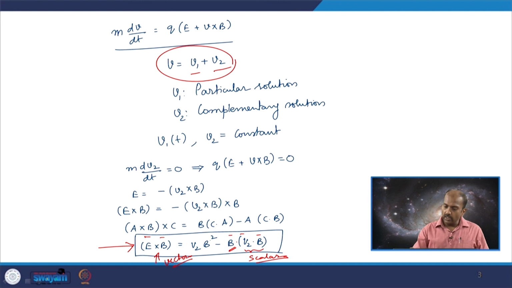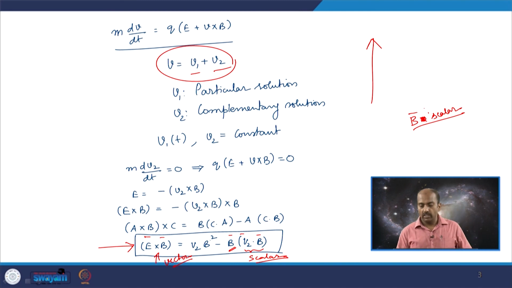Now, E cross B is in a particular direction, and this B multiplied by the scalar, its magnitude will change, but its direction will not change.